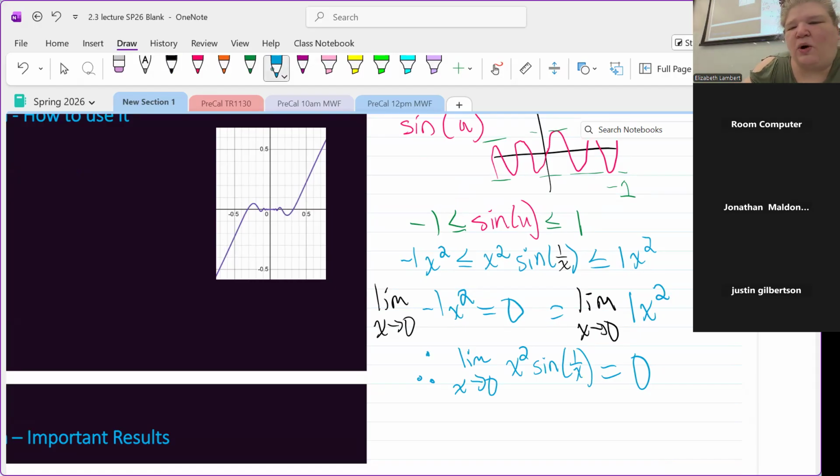Now, figuring out what to put on the bounds there, that's the part of the squeeze theorem that can get a little weird. And it's not typically something we put on the exam because it's not always obvious to people what to pick for those two. Like here, we very much used the structure of the problem and the fact that trig functions, sine and cosine, are always bounded by -1 and 1.